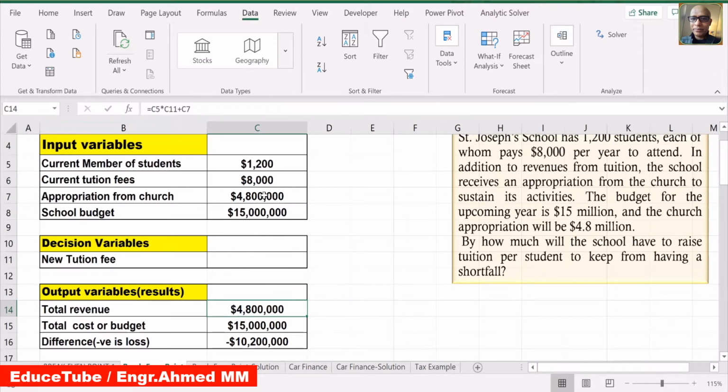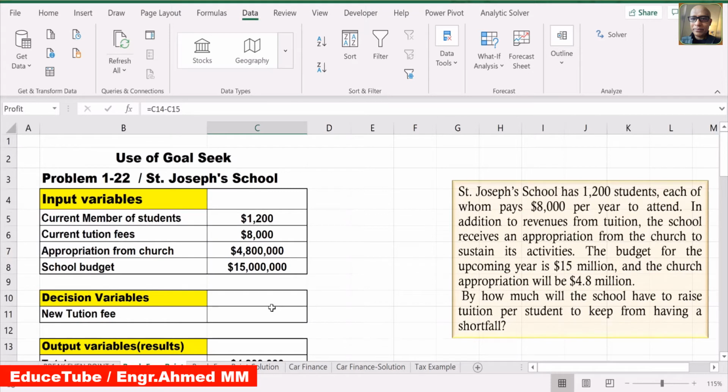Now it looks the same as the appropriation because the tuition fee here is 0. Total cost is nothing but the school budget. Subtracting these two, we get the difference. As it is negative, it is a loss. All these three use formulas, so this is very important.